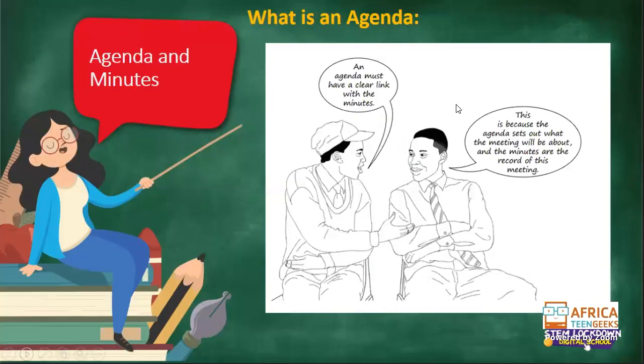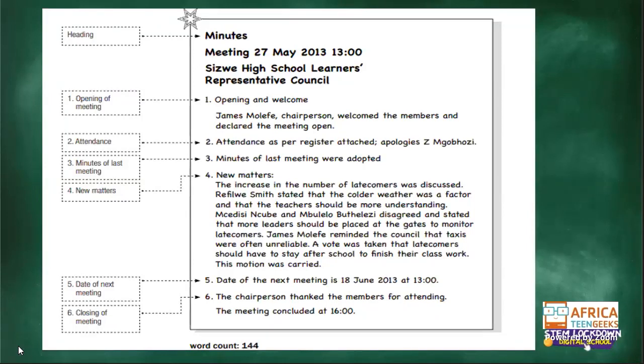So, agenda and minutes. Let's quickly recap. They say an agenda must have a clear link with the minutes. Matabo is asking, are the new matters a summary of the entire meeting? Yes. Let's go back to the format because we have a very good question by Matabo. The new matters are the summary of the entire meeting. So you're not going to write down everything that was said word for word.